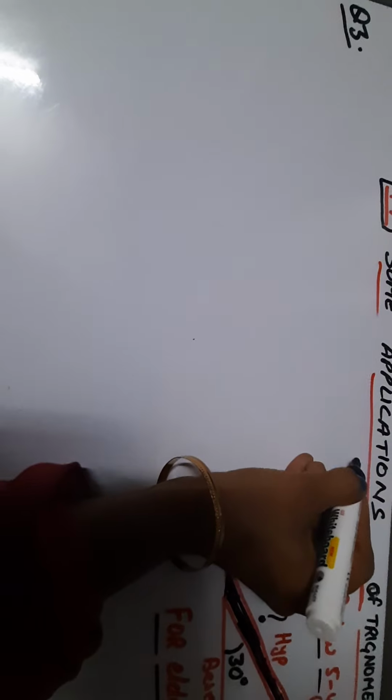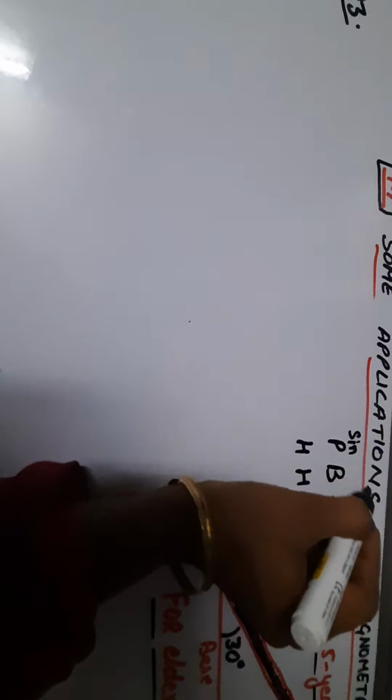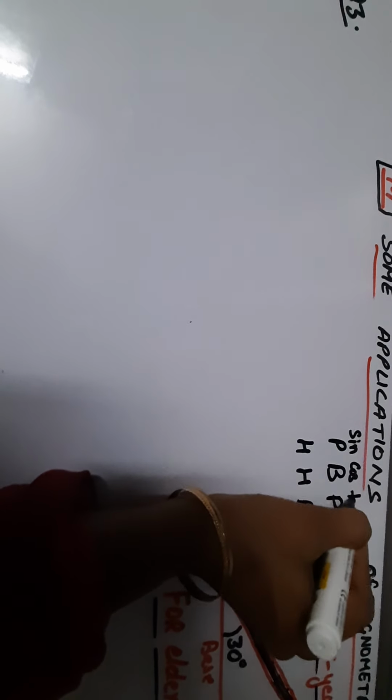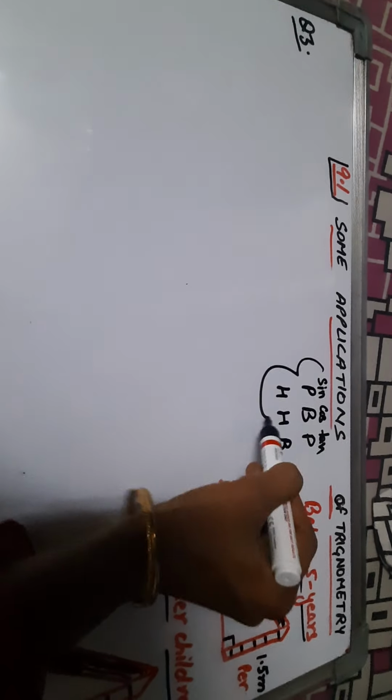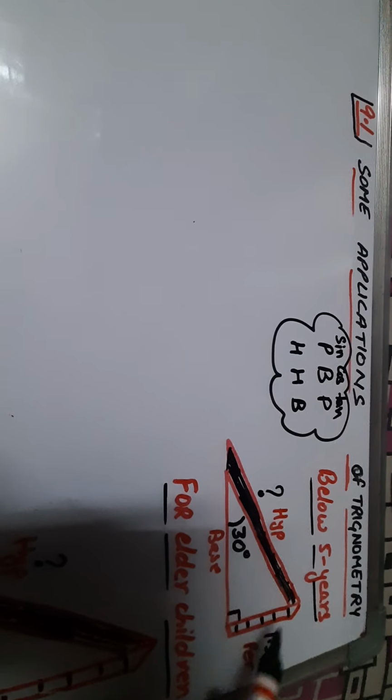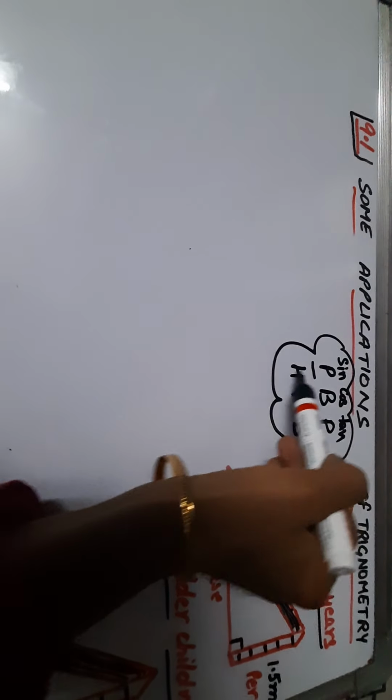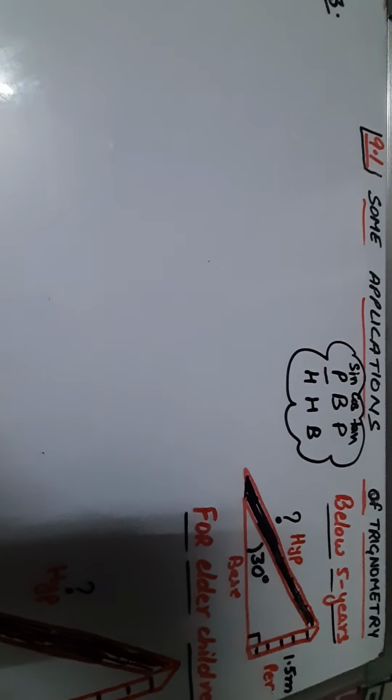As I told you yesterday, we will apply that trigonometric ratio which involves both the given side as well as the side to be found out. In this, hypotenuse is the thing which we need to find out, and perpendicular is given. So P and H means we need to apply the sine ratio.